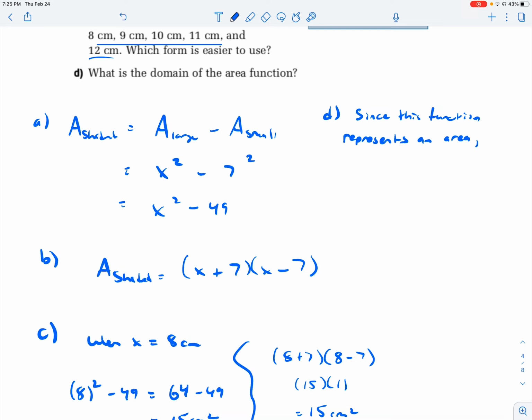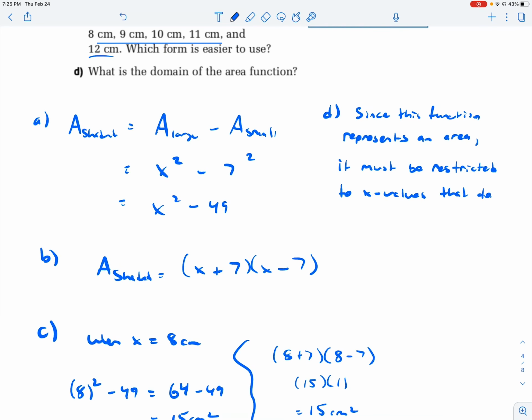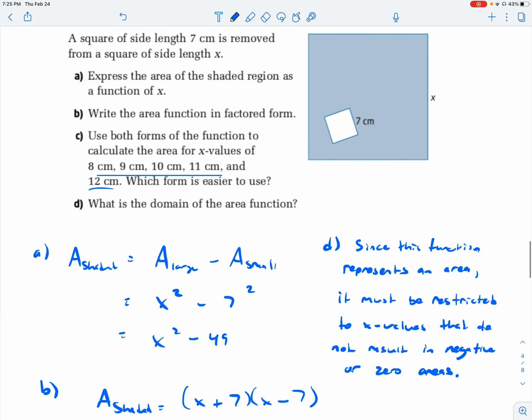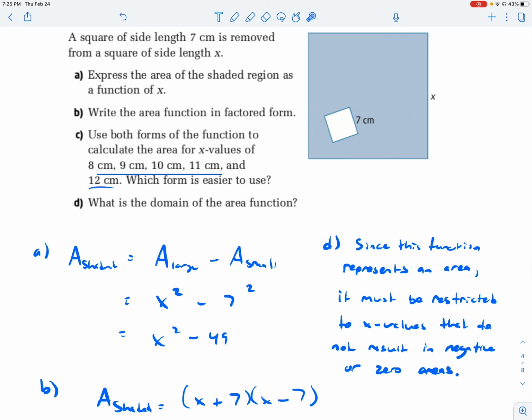We'll say it must be restricted to x values that do not result in negative or zero area. So we have to keep the area positive, obviously, for this. So there are restrictions on the domain. There are restrictions on the size of x in order that this shaded region stays above 0.